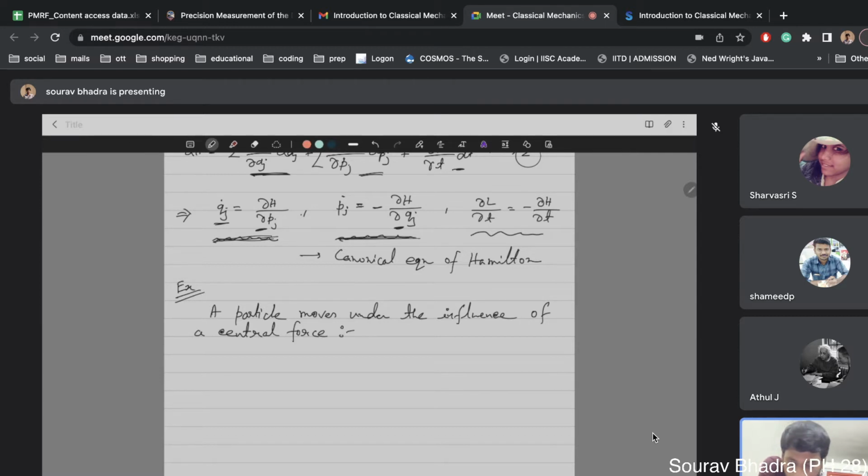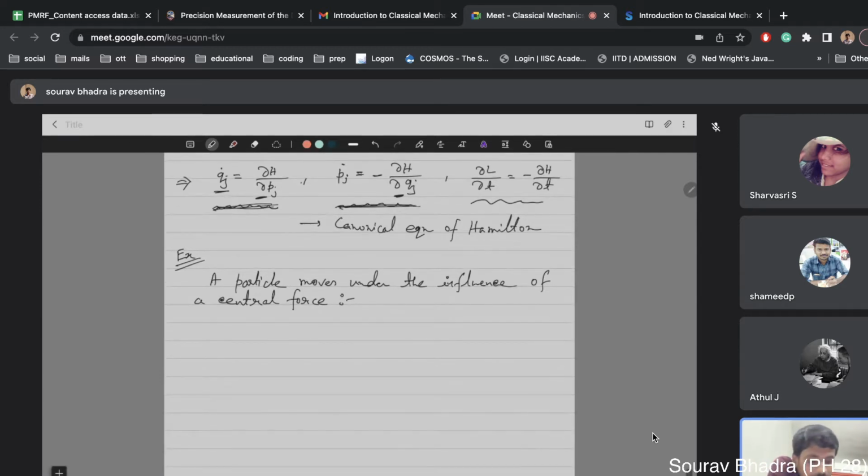Suppose this is the orbit of a planet, the particle is a planet, and a central force acts towards the center. It is the force due to gravitation, that is G M m by r square, with small m and capital M. So G M m by r square is an example of a central force. That's why I give that example. So let us come to the problem.